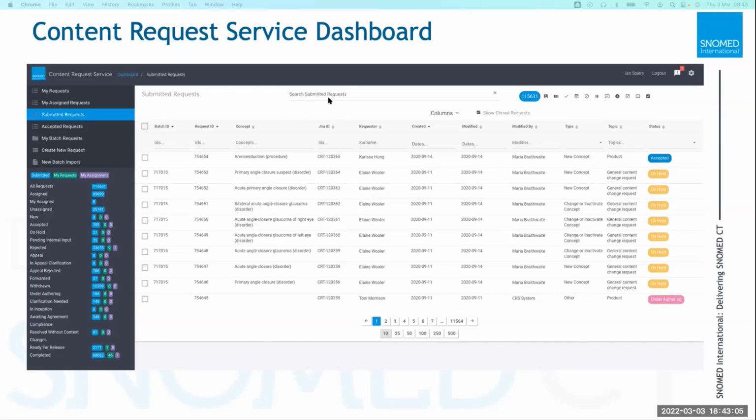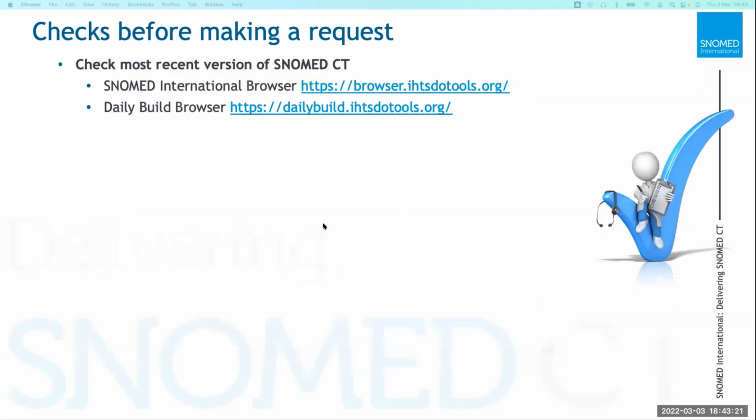So, as I say, you can search on requests. You can look at requests made by other individuals and historical requests, and you can also create a new request within the platform.